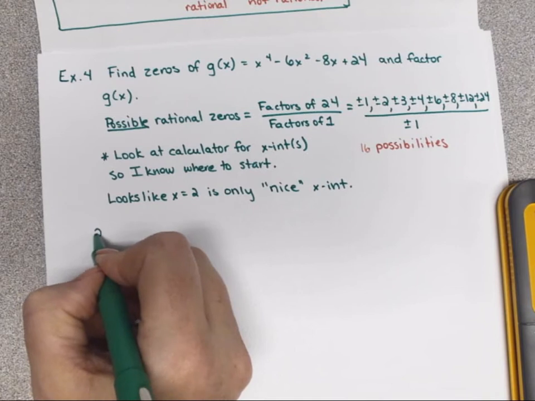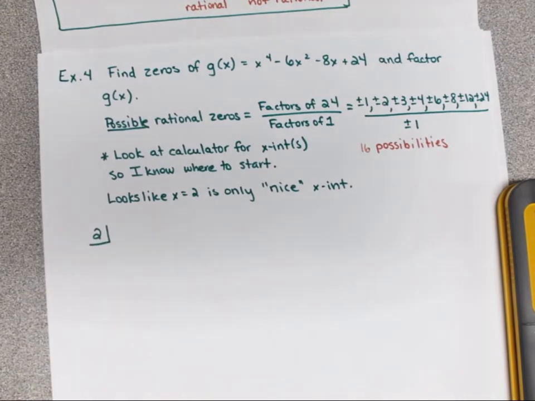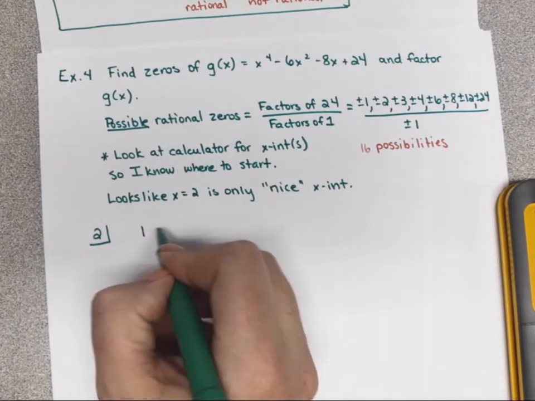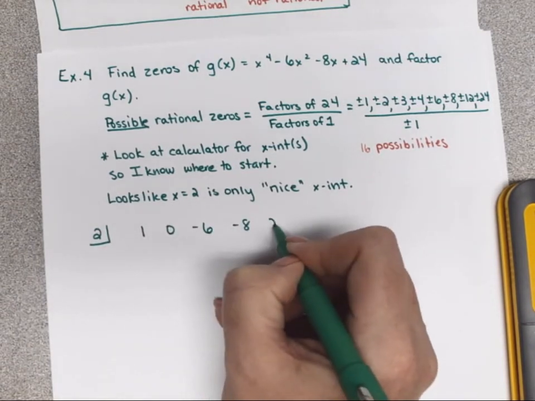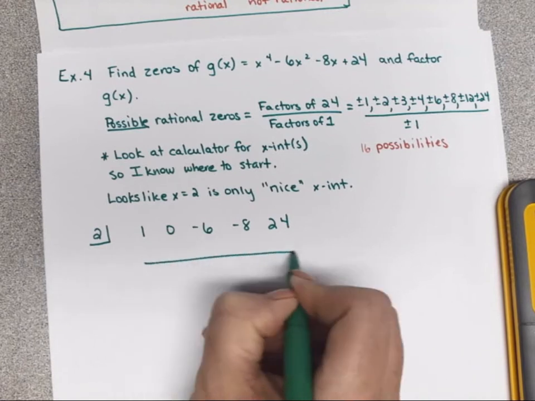But let's try the one that we feel like will work. Okay, so be careful though. Why do I say to be careful? What do you notice about the equation? We're missing the third power, right? So we need to put a what in that spot? A 0. If you don't put a 0 in the spot, it's not going to come out to be the remainder of 0 like you expected.